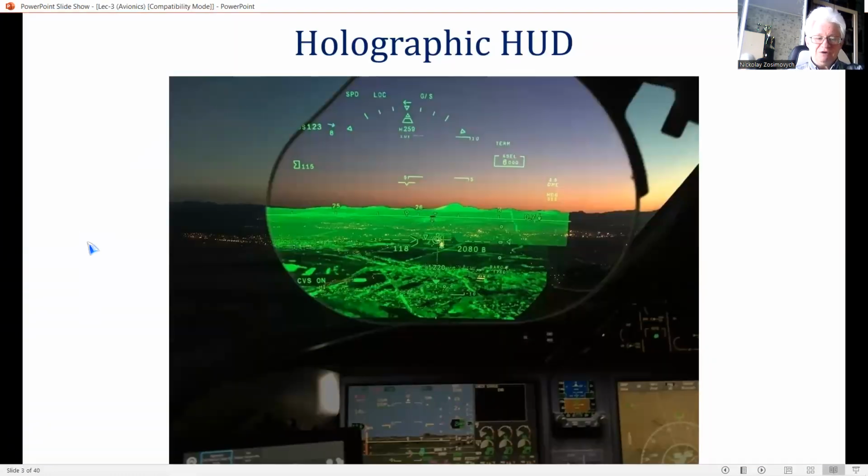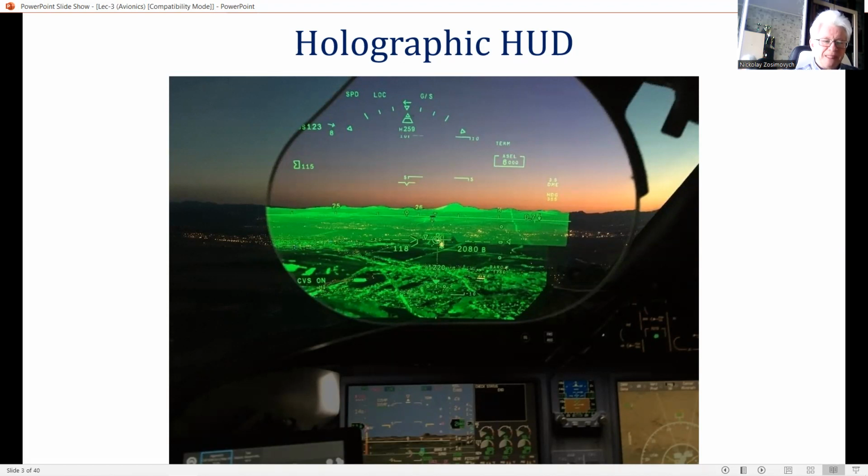The HUD, however, only presents the information in the pilot's forward field of view, which, even with a wide FOV holographic HUD, I hope you remember the abbreviation, is limited to about 30 degrees in azimuth and 20 to 25 in elevation.